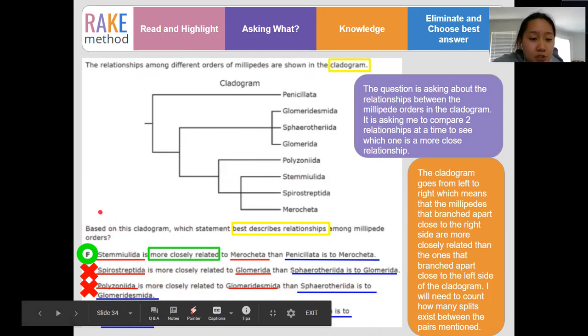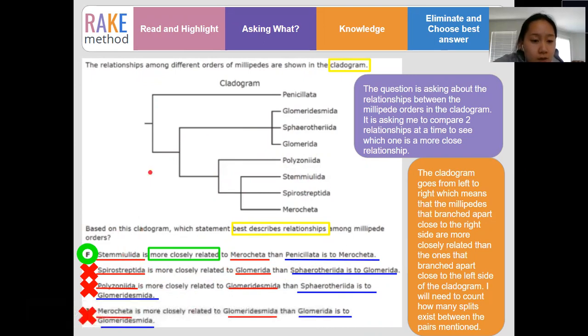And the last answer choice is going to be between Mariquita and Glomeridesmida. So Mariquita is right here, Glomeridesmida is here. So that's going to be 1, 2, 3, and 4 splits. Ooh, we're already comparing 4, so it's really far apart. And then Glomerida to Glomeridesmida. So Glomerida is over here, and Glomeridesmida is right here. So again, that's 1 split.